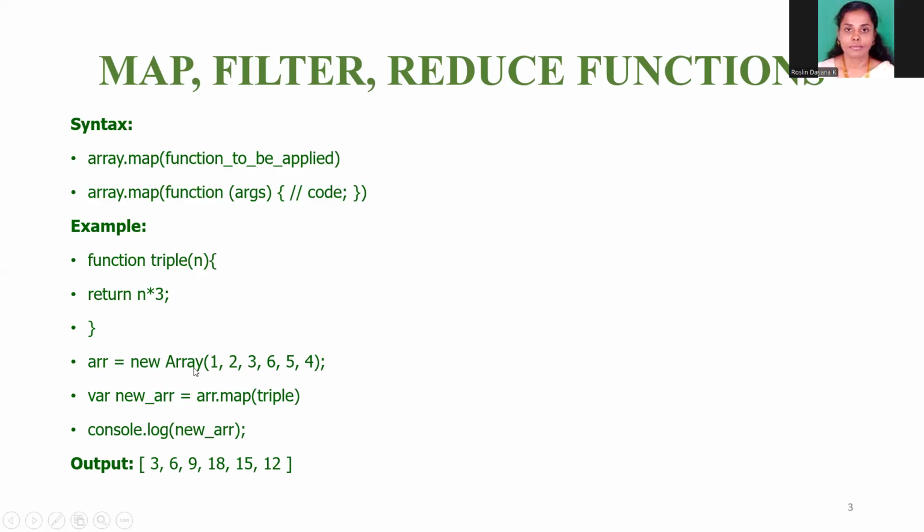Array equal to new array of 1, 5, 4. The new array is equal to array dot map of triple. Each value of the array will be multiplied by the triple function's return value, n into 3. It will be displayed with console dot log of new array. So 3, 15, 12.